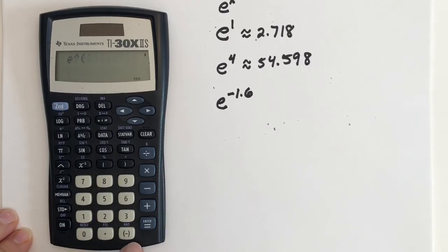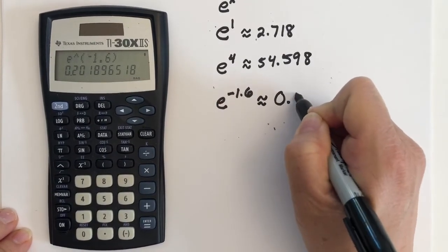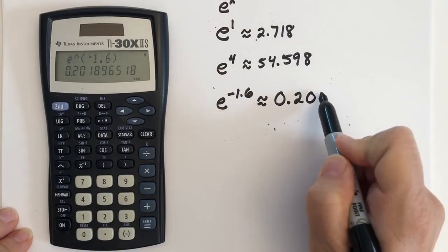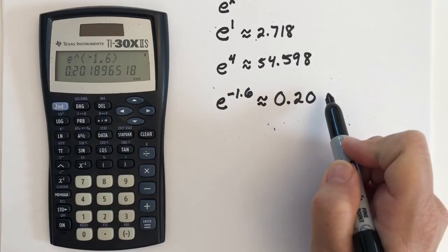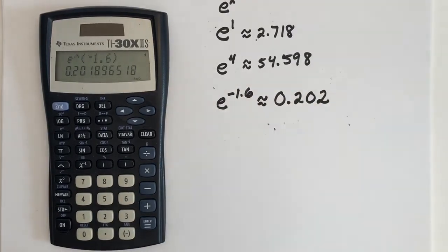Again, make sure you put in a negative. And I press enter, and I have approximately 0.20. I'm about to write a 1, but I see the next decimal place, there's an 8. So that means I bump up this spot, and I have 0.202.